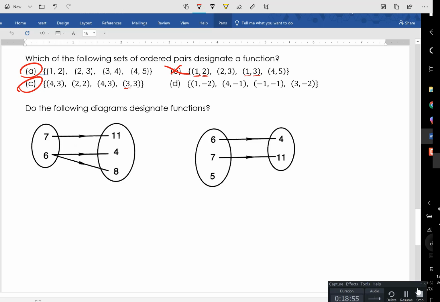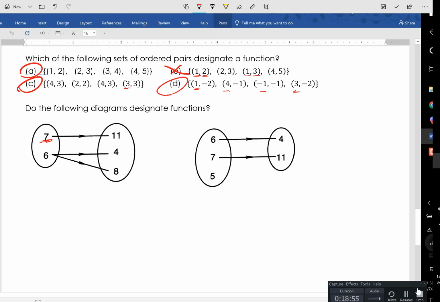D, you've got 1 mapping to -2, 4 maps to -1, -1 maps to -1, and 3 maps to -2. That's perfectly fine. You've got all these x values, and each one of them has exactly one y that goes with it. None of the x values have 2 different y's. So that's a function. All right, down here, you've got 7 maps to 11.